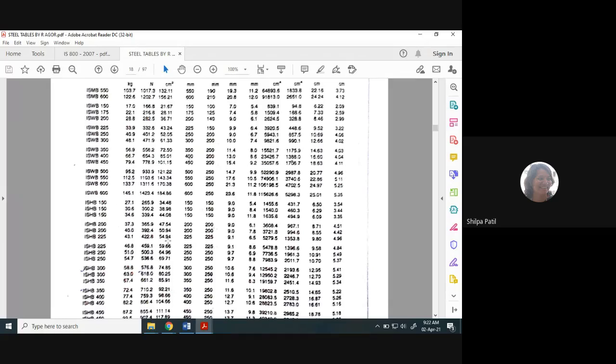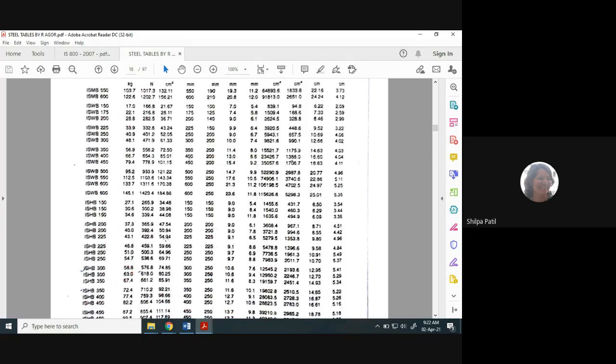The selected section should not be slender. That is another important criterion. So try out the section classification of these two earlier sections, ISHB 225 and ISLB 325. If you get a class of section better than slender, you can use that section also.